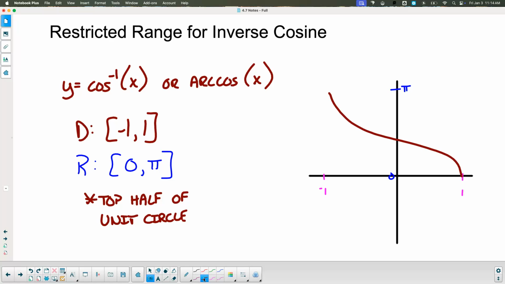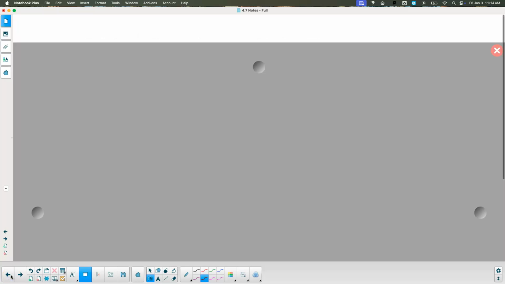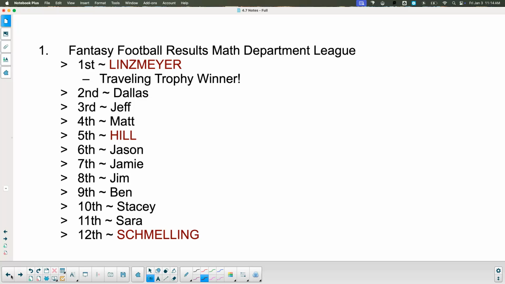Now, just as a humble brag, math department had a fantasy football league this year. Here were the final standings. What was your team? Mr. Mo. Notice where Schmeling finished. What happens while he's a loser?